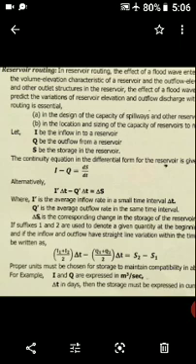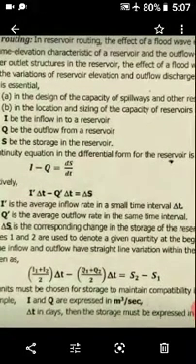Suffixes 1 and 2 are used to denote a given quantity at the beginning and the end of the time interval, and if the inflow and outflow have straight line variation within the time interval, then the above equation can be written as it is given on the screen.